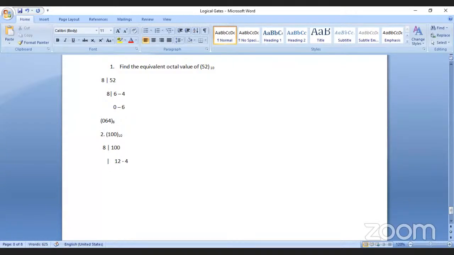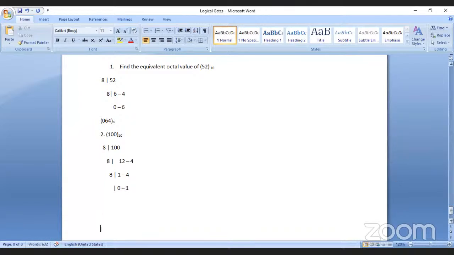I have tried 8, as it is here. Then 8 zeros are 0. 8 ones are 8. What will be the remainder? 4. Then I write 0 here. And what will be the remainder for that? 1. So what is my answer?